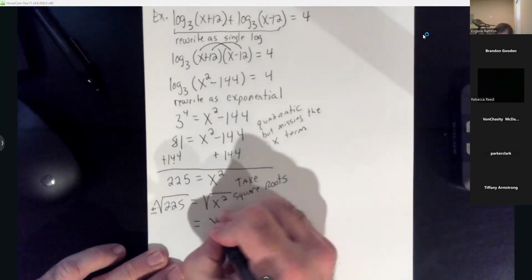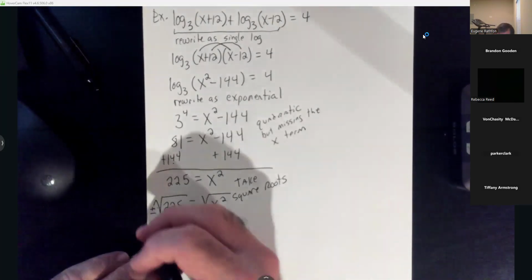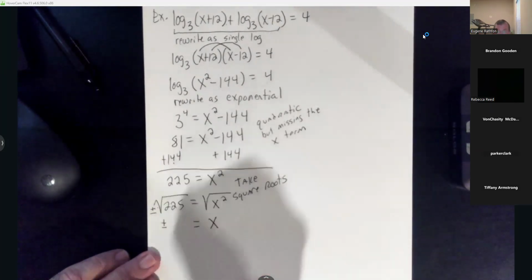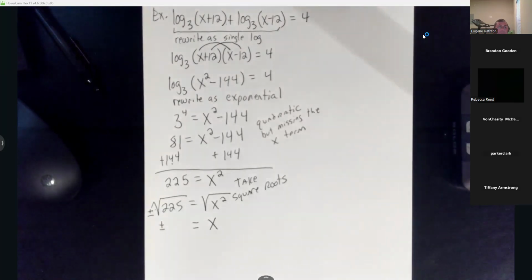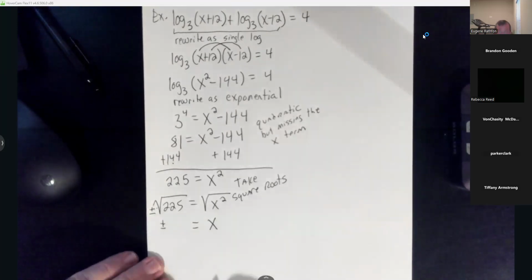Now y'all know the right side will be x. So y'all, what is the square root of 225? It'll be a plus or negative what? So where's Ella with that calculator? What you get? Good job, 15.